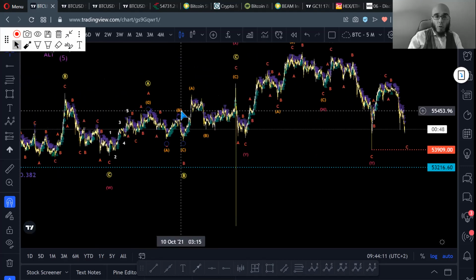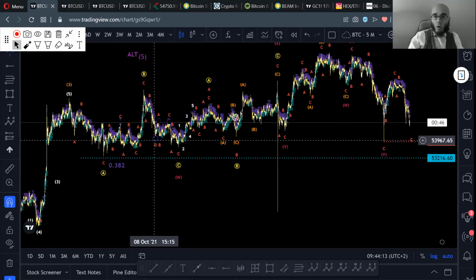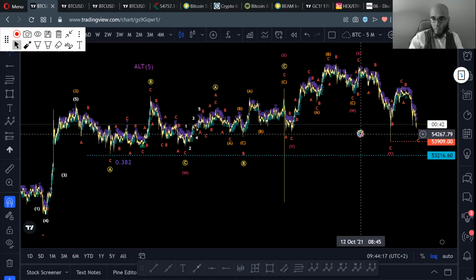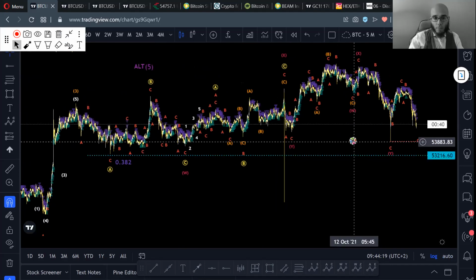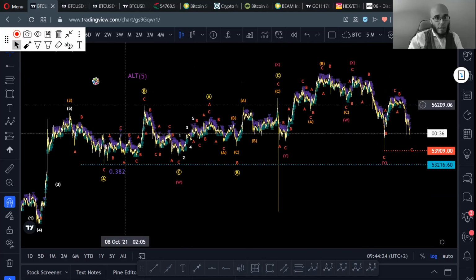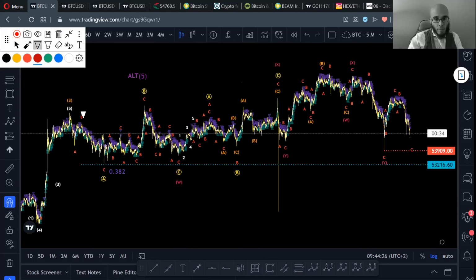I cannot give you a perfect count for the correction that we are looking at, but it does not matter, since I know that it's a sideways correction, and I know that we should stay higher than our 0.382 fib level. And no Elliott wave experts can label this correction perfectly.